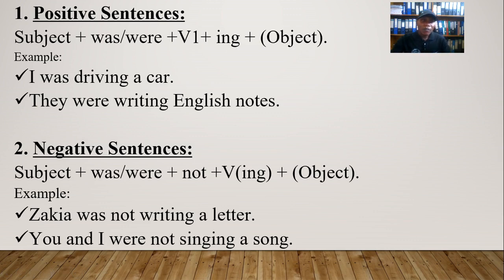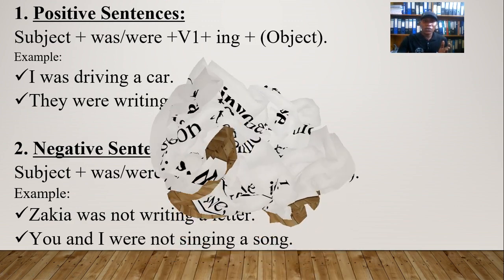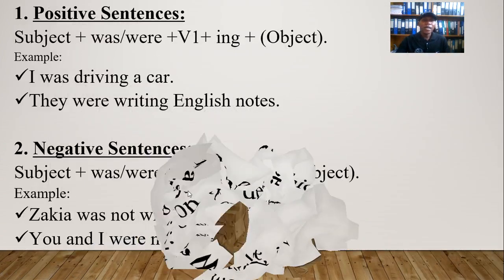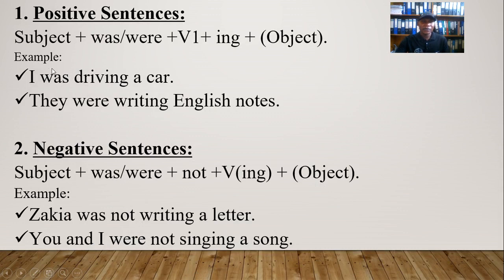So, as you can see, remember I have told you that was is used for I, she, he, and it. Were is used for you, we, and they, as you saw here. So, as you can see in these examples, I was driving a car.